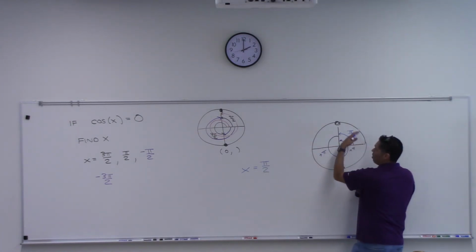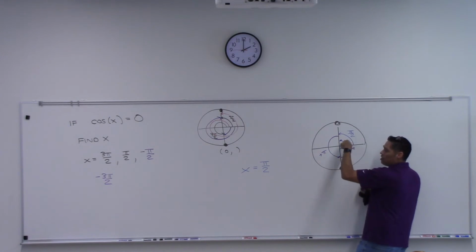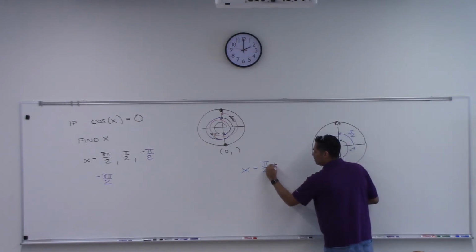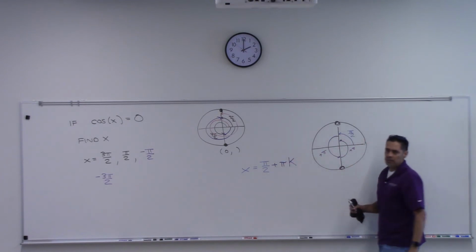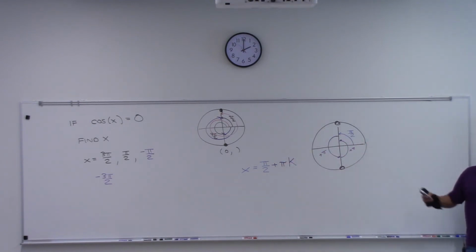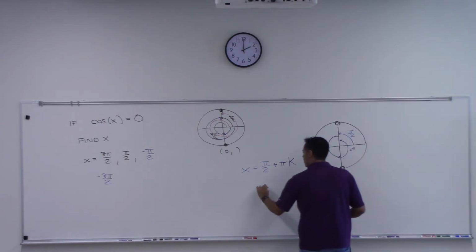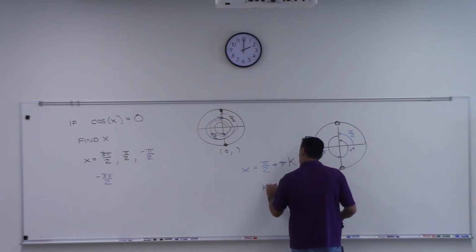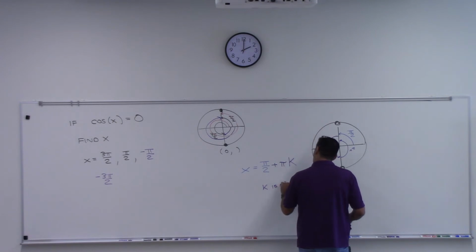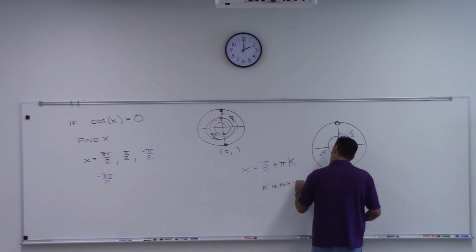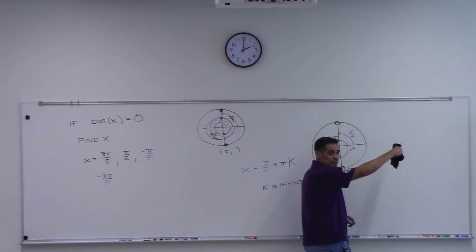That gets me started. And then because each jump is a half rotation, I'm going to put plus pi k. Now k is going to be an integer. I need to state that. K is any integer. I think I wrote on the board the other day what an integer is.